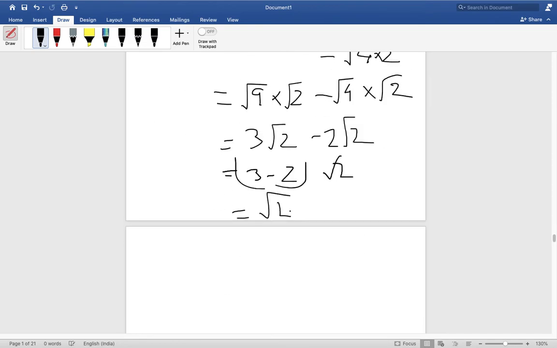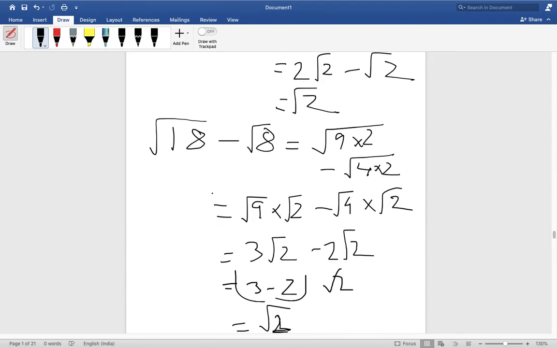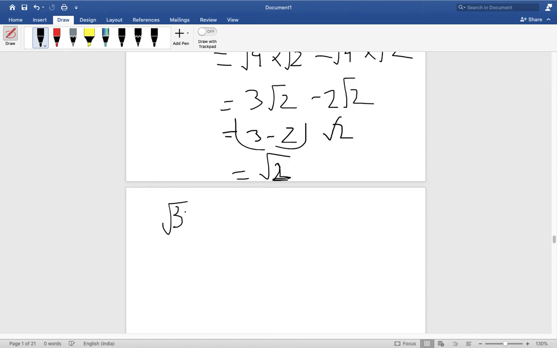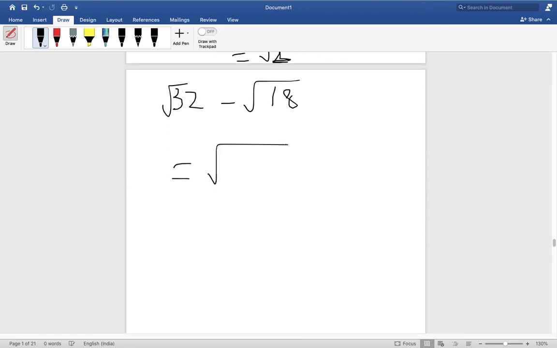Now let us compute the fourth term and the third term. Square root of 32 minus square root of 18. 32 is 16 times 2, 18 is 9 times 2. By now you must be seeing a pattern over here.